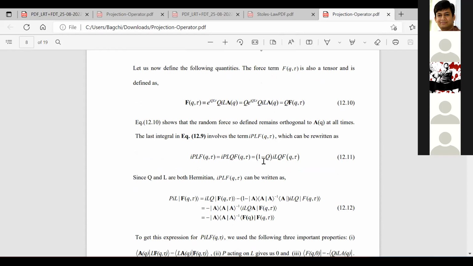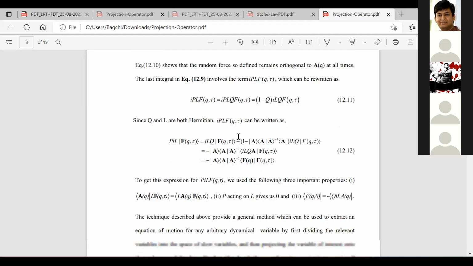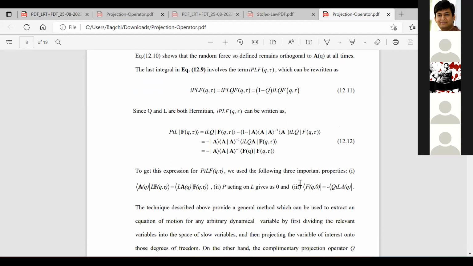And then P is 1 minus Q. Now I am going to evaluate this quantity PiLF(t). Now F(t) is this quantity PiLF(t). All right, I'm getting confused here myself.